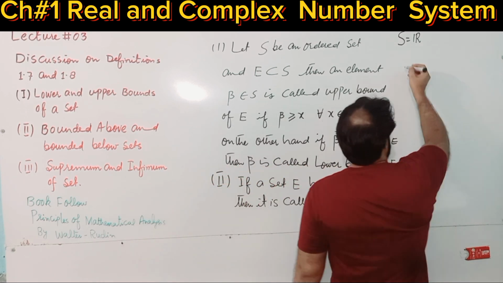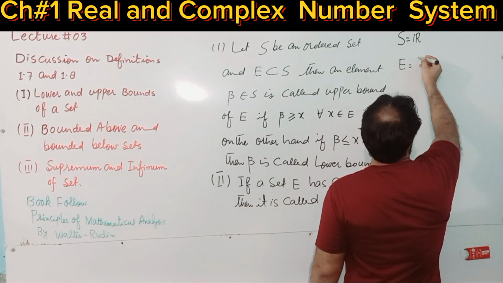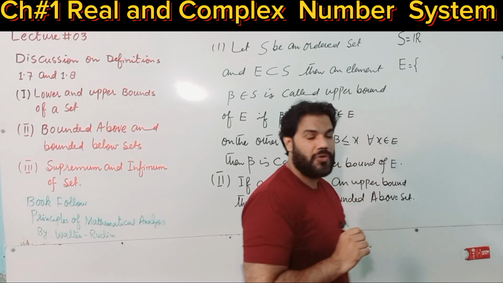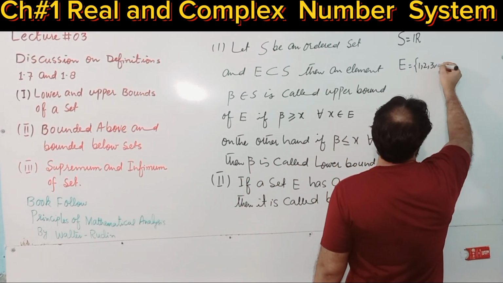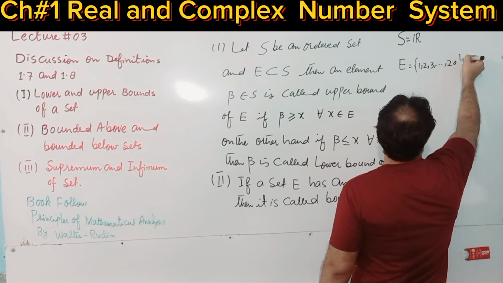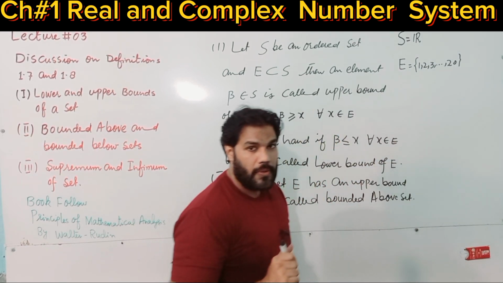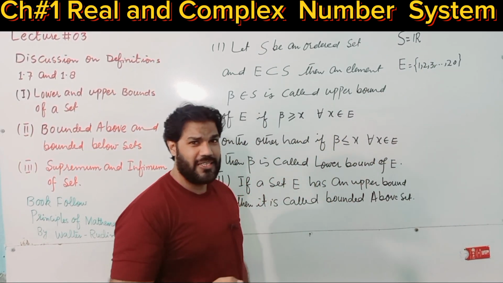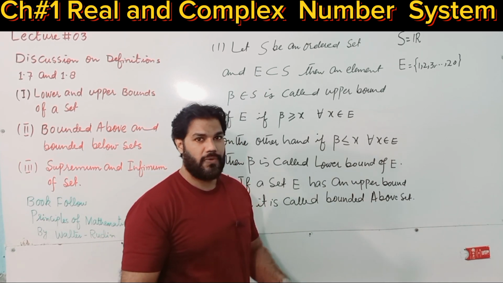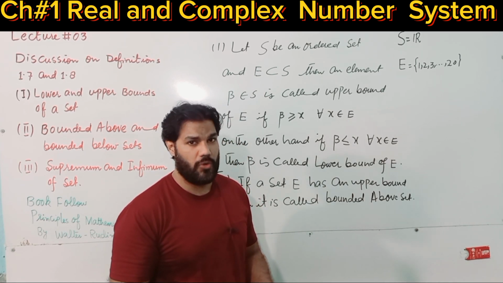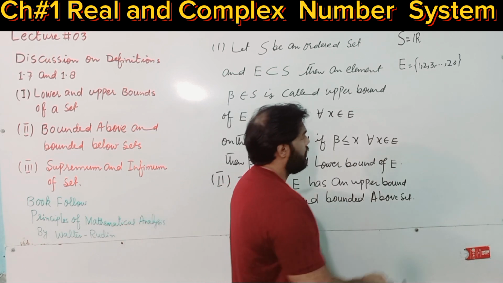And consider E, that is the set of the first 20 natural numbers, that is 1, 2, 3 up to 20. Now, whether E is bounded above, bounded below, and what is its upper bound and lower bound in R.